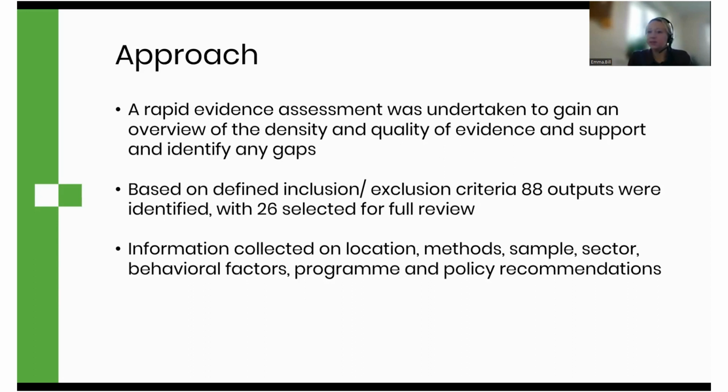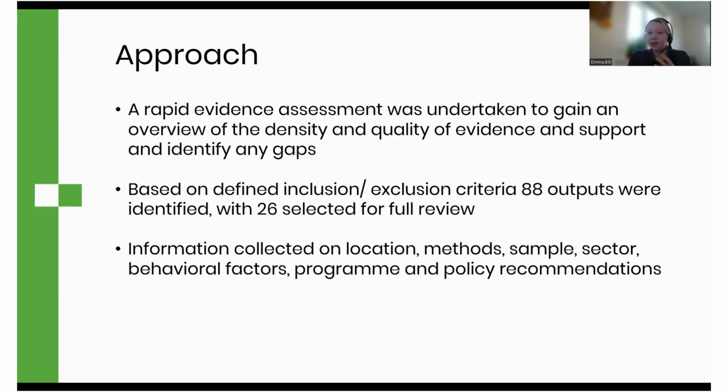In this particular presentation, I won't go into too much of the process as to how we got down to the full list of papers that we looked at specifically. What I can say is that the search identified around 88 outputs, that included academic papers and grey literature.